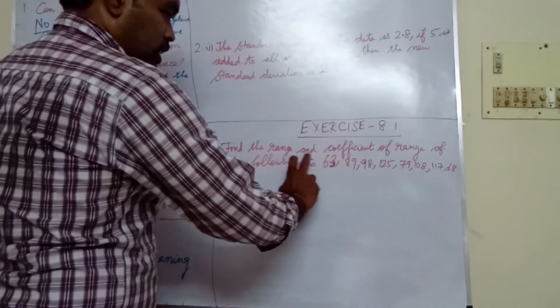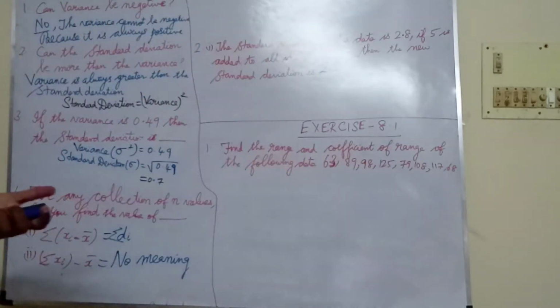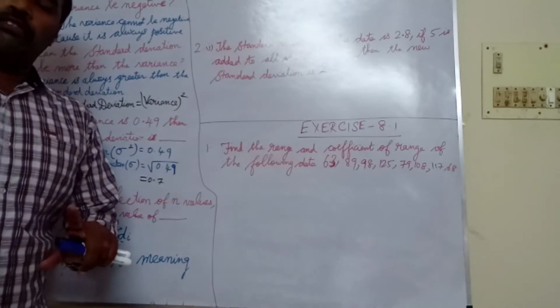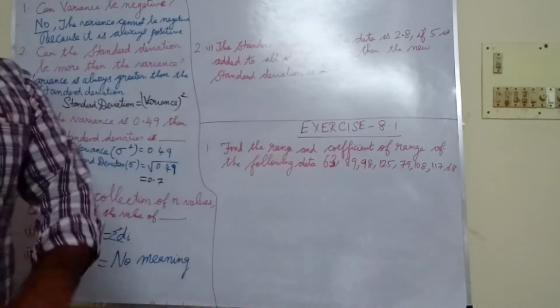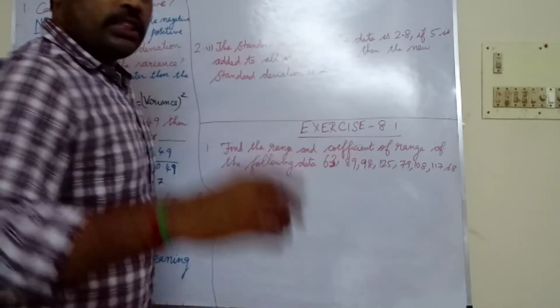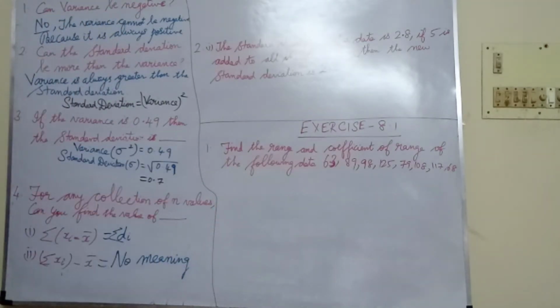Find the range and the coefficient of range of the following data. Range means we need to find the difference of the largest value and the smallest value. Coefficient of range is largest value minus smallest value divided by largest value plus smallest value.